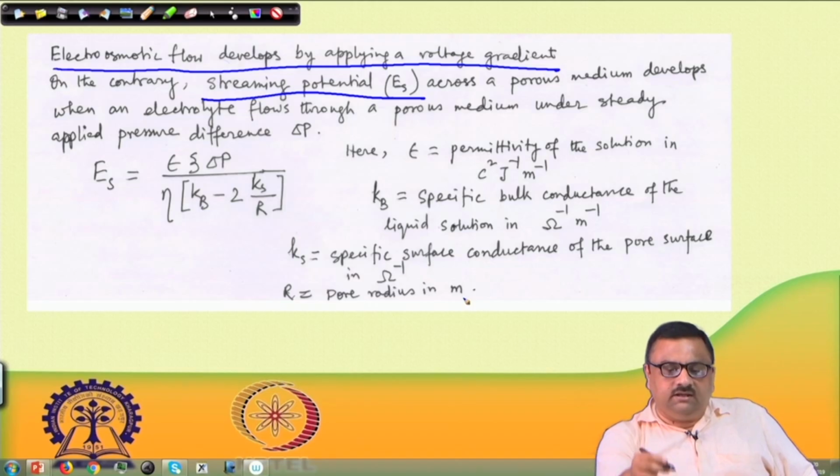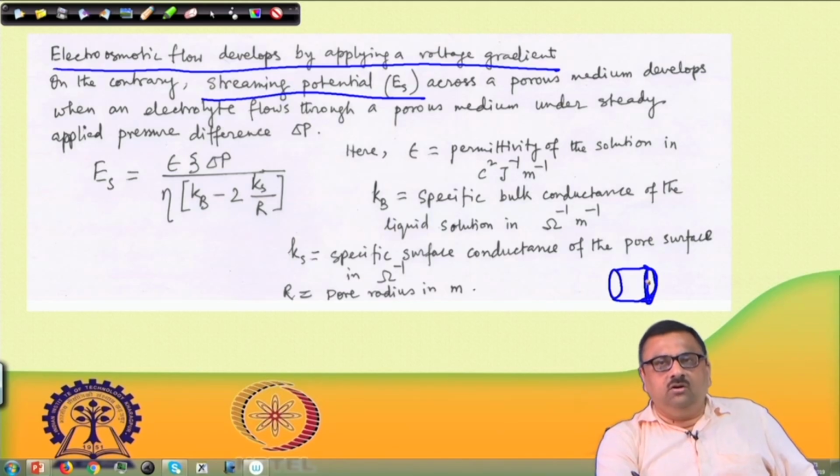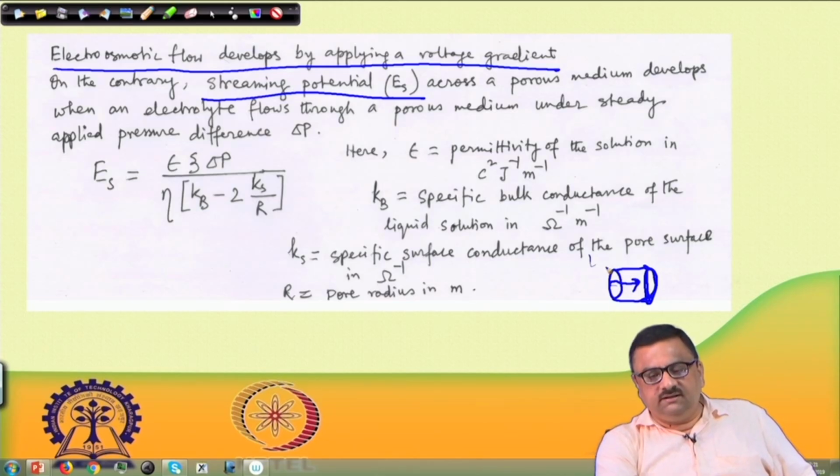Suppose there is a porous medium and I have a mixture, and some fluid out of that would be travelling through this porous medium. Which fluid is travelling? I have a way to measure this ES, the streaming potential. From this I can get some idea what fluid is flowing through this porous layer.